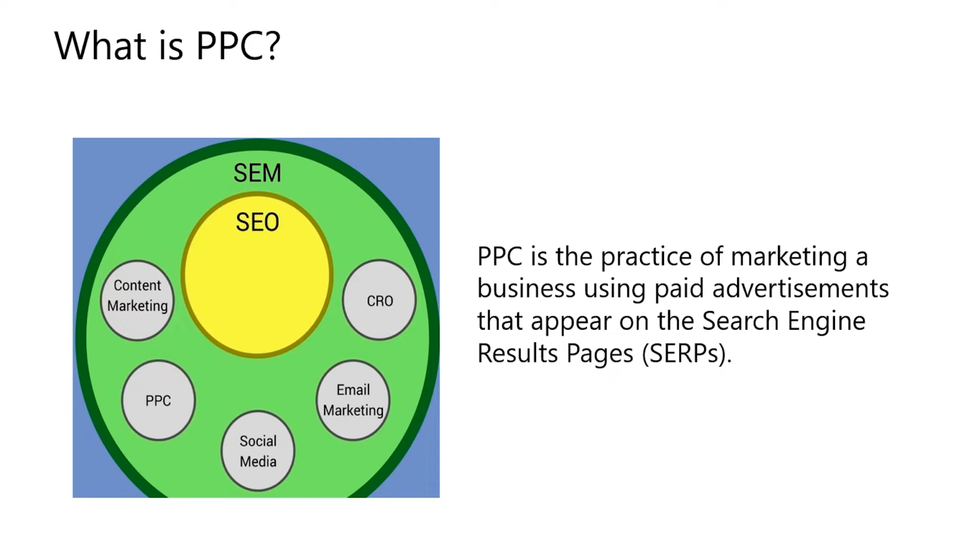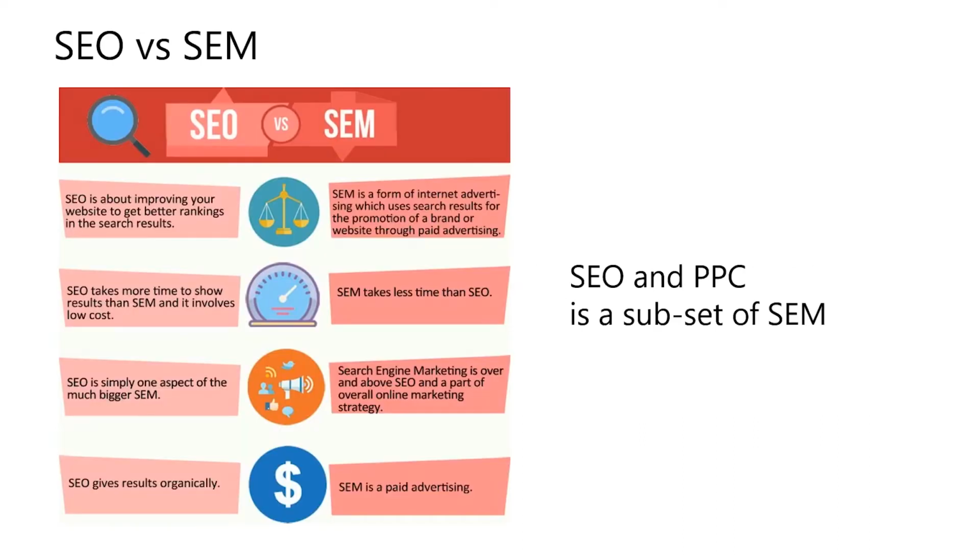So PPC is the practice of marketing a business using paid advertisements. SEO is clicking on organic results and driving traffic to websites, whereas PPC is clicking on ads that are shown within search results and driving traffic to websites or landing pages.